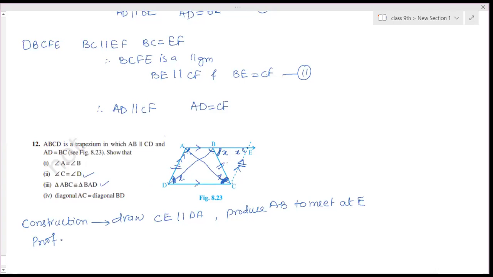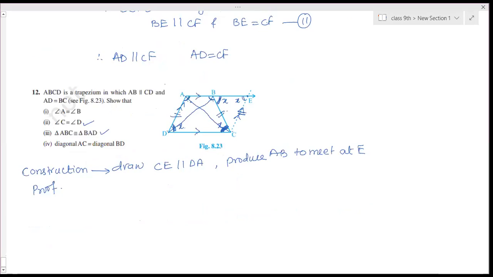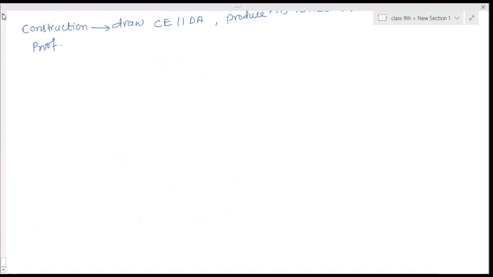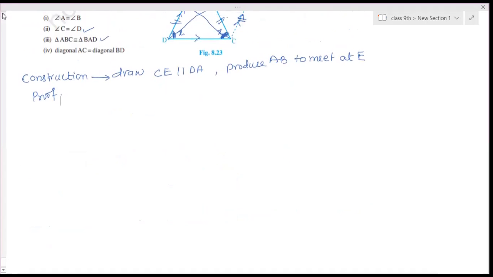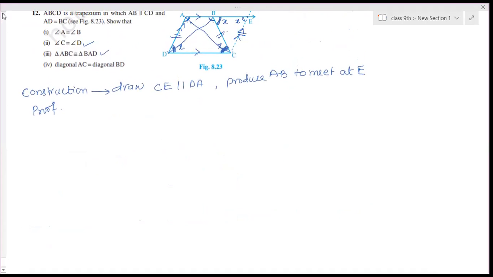Proof. AB is parallel to CD given, and AD is parallel to CE by construction.